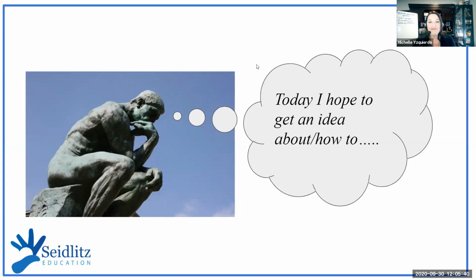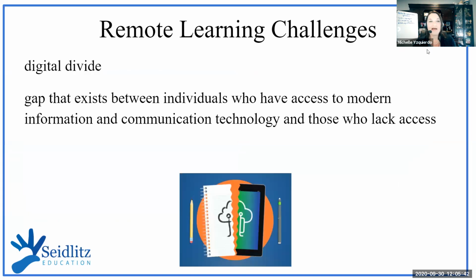Okay, so with that being said, our word of the day is the digital divide. It's essentially this gap that exists between individuals, or in our case, our beautiful students, who have access to modern technology and communication tools versus those who lack the access.